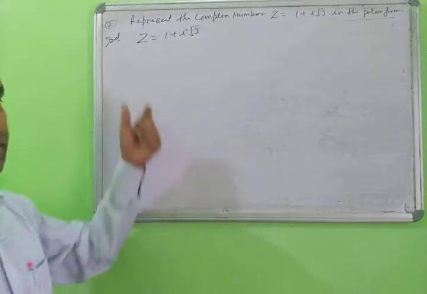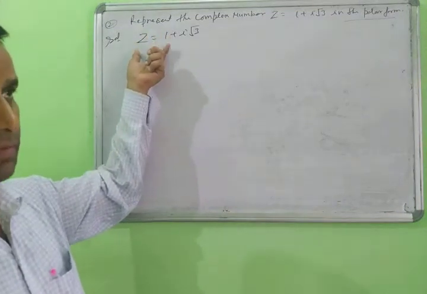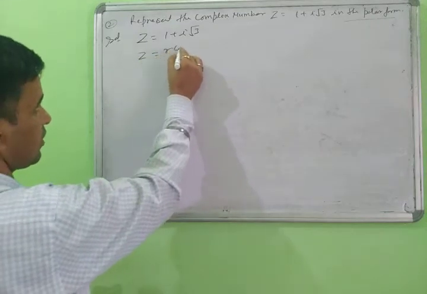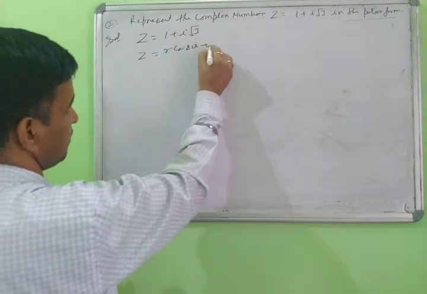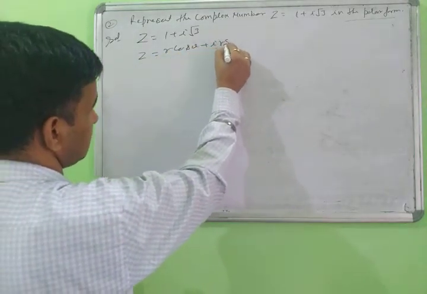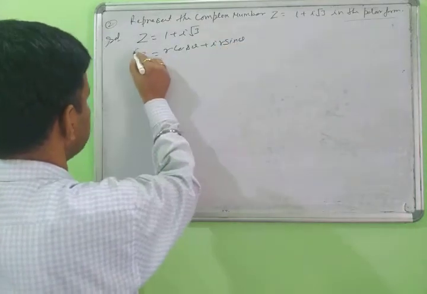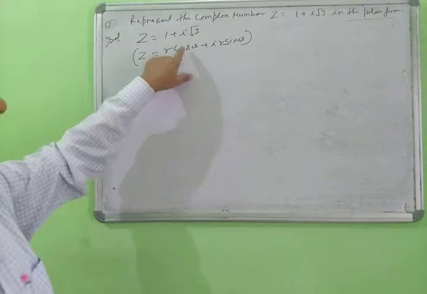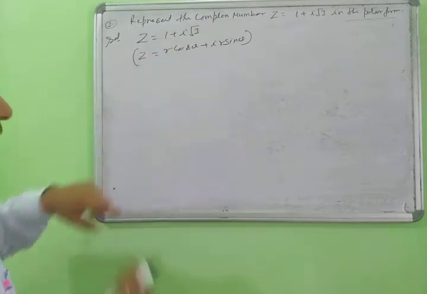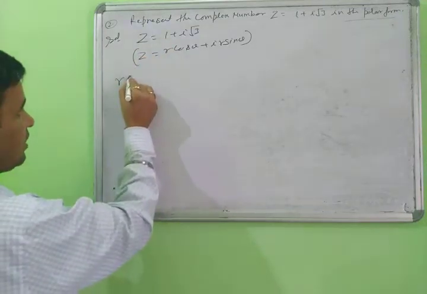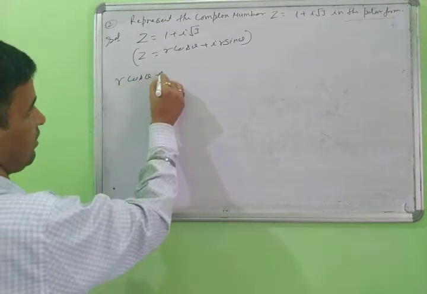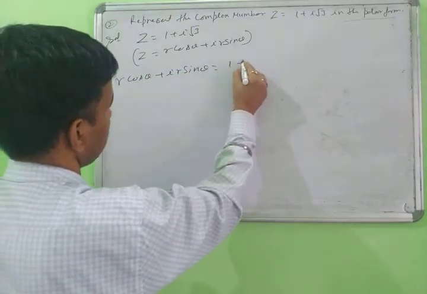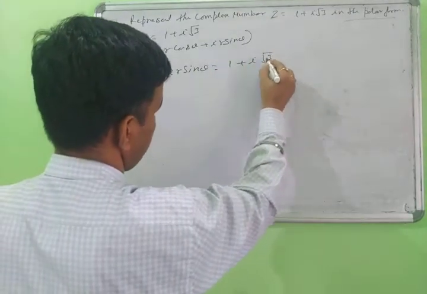Now firstly write the polar form of the complex number. What is the identity for this? z equal to r cos theta plus iota r sin theta. That means this is the value of z in polar form, or this number we convert in this form. So r cos theta plus iota r sin theta equal to 1 plus iota root 3.